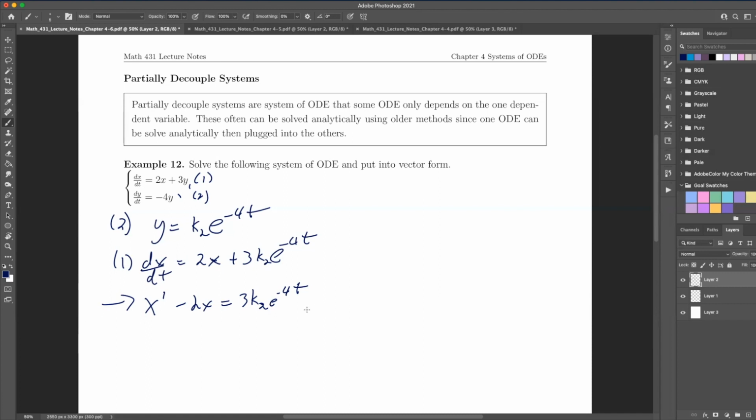So if you remember what to do, we use an integrating factor. So here I'm going to use some u of t equals e to the integral of minus 2 dt, which is equal to e to the minus 2t. And so x of t equals 1 over e to the minus 2t times the integral of 3k2 e to the minus 4t times this, which would be e to the minus 2t, plus c.